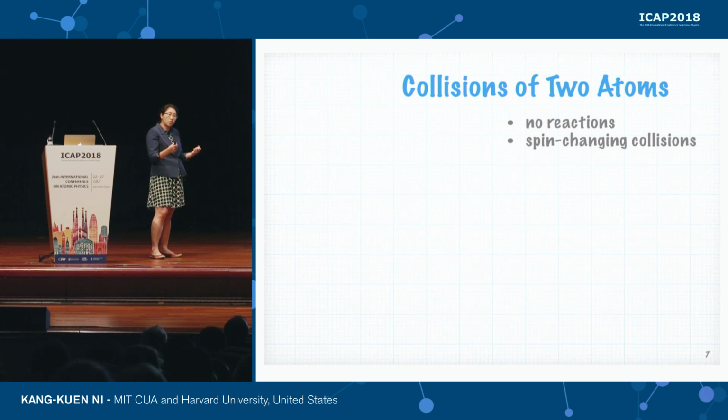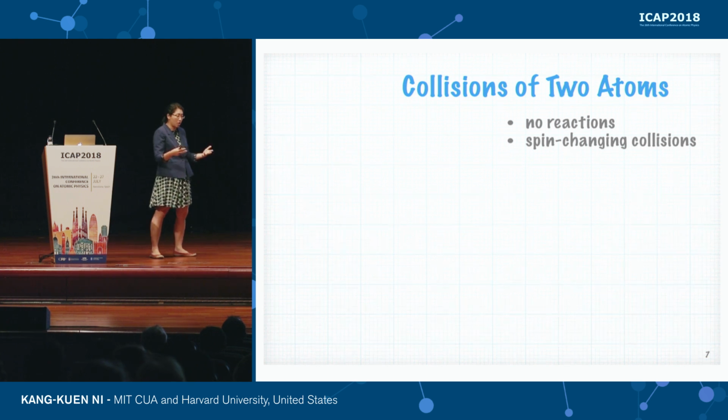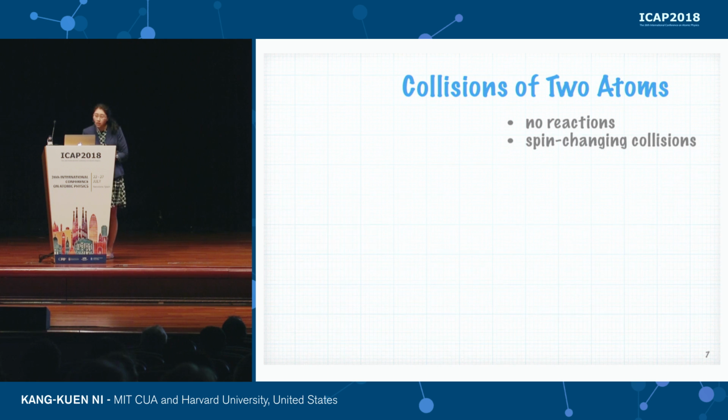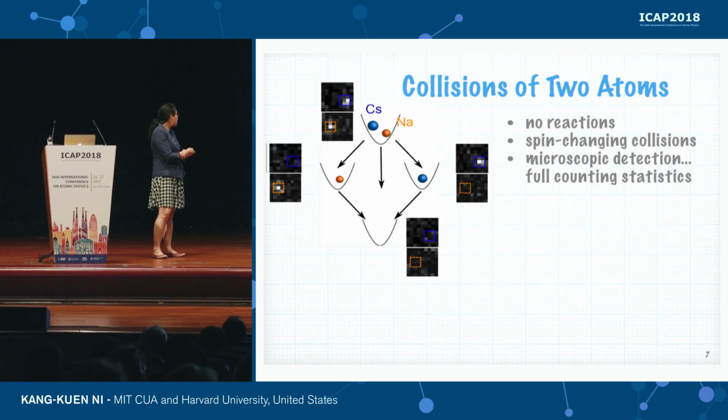Okay, but these atoms have internal structure, so if they are in some spin composition, they can collide and have a spin-changing collision such that there is enough energy for them to be ejected out of the trap, and for us to see them as lost and see evidence of these collisions. The nice thing about this sort of test tube system is that we have this whole microscopic detection where we can have the full counting statistics.